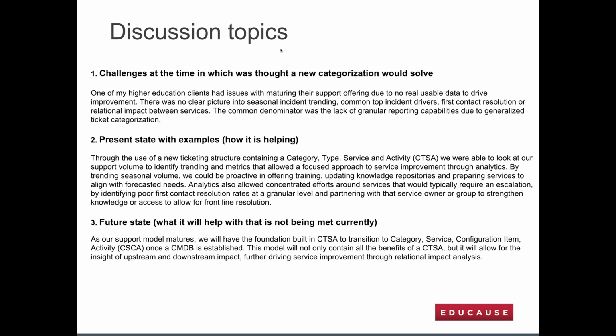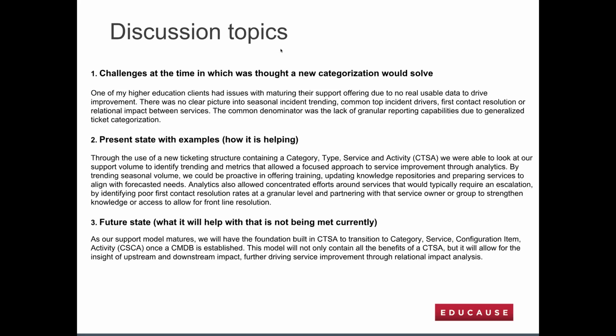And with that categorization, you have the tools necessary to identify where your biggest opportunities are and where your low-hanging fruit or your quick wins are. So that allows you to evolve to a future state.